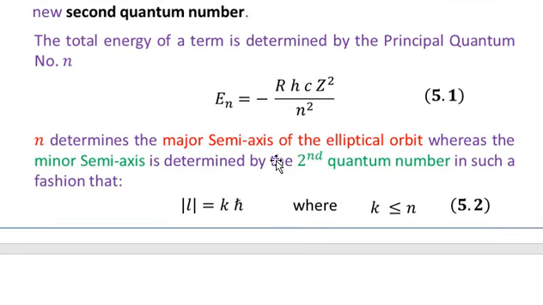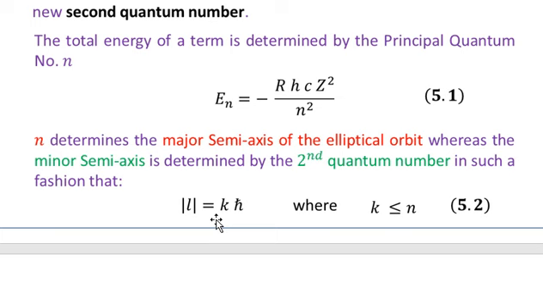According to Sommerfeld, since there are two quantum numbers now, n determines the major semi-axis of the elliptical orbit, whereas the minor semi-axis is determined by the second quantum number, in such a fashion that the magnitude of the orbital angular momentum, |L|, is equal to k times h bar, where k satisfies the condition that k is less than or equal to n. So you see that here k is a second quantum number.